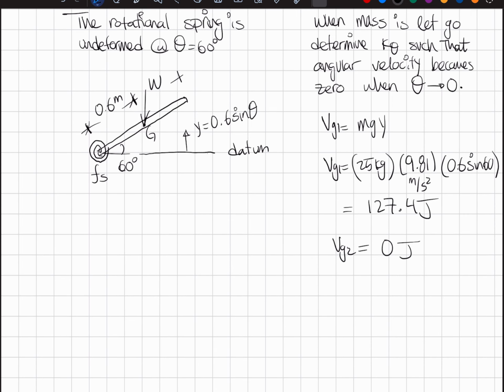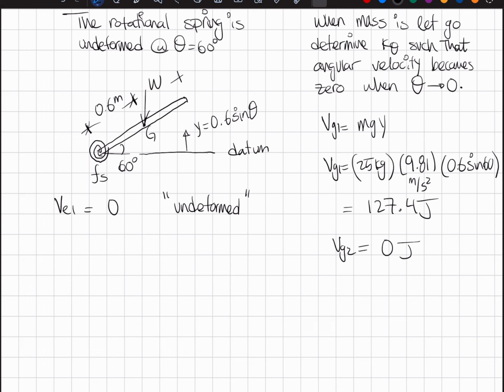So that's one component of the potential energy. The other component is the elastic behavior. The problem told us that the rotational spring is undeformed when theta is equal to 60 degrees. So VE1 is equal to 0. This is the undeformed position as we see it in this schematic.